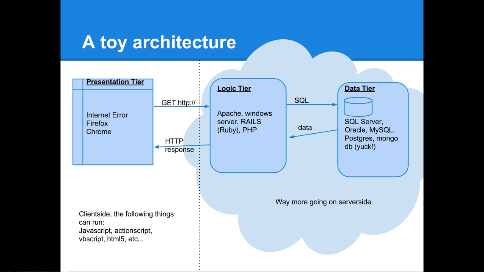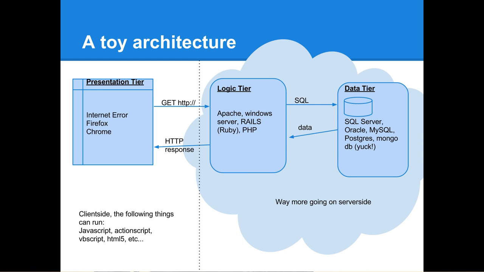So next, we will cover toy architecture for the rest of the discussion. On the client side, you have a presentation tier, and this is the level that users will see from Internet Explorer, Firefox, and Chrome. All the content gets rendered, and what they see is called the presentation tier. The browser will interact with the web servers via HTTP requests, and will get responses back as HTTP responses.